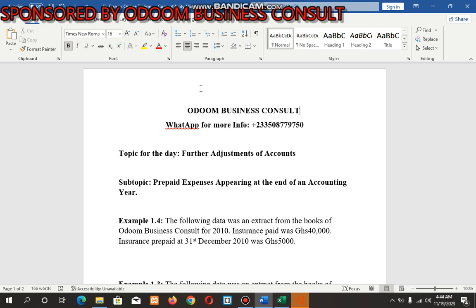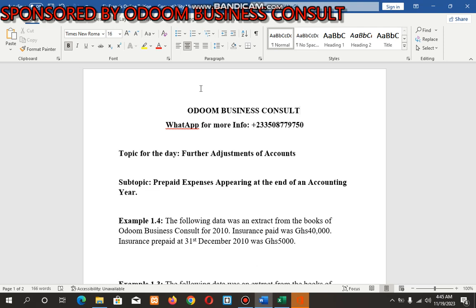The payment was made at the end of the accounting year, so the benefit will be consumed in the upcoming year. So it is not part of the current year expenses, even though the payment was made in the current year, because the benefit will be consumed in the upcoming accounting year.